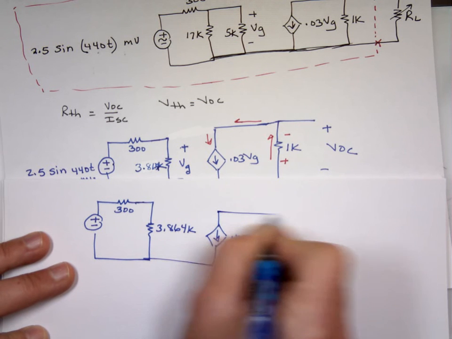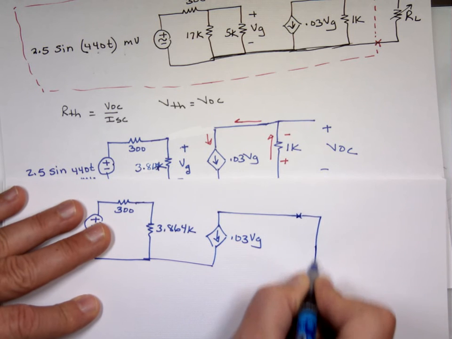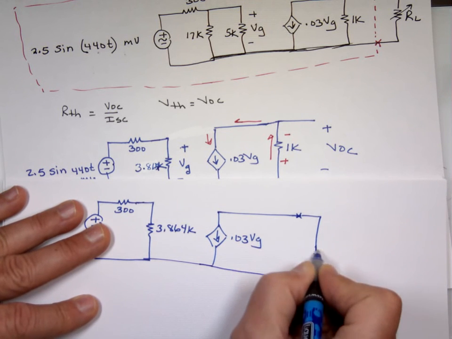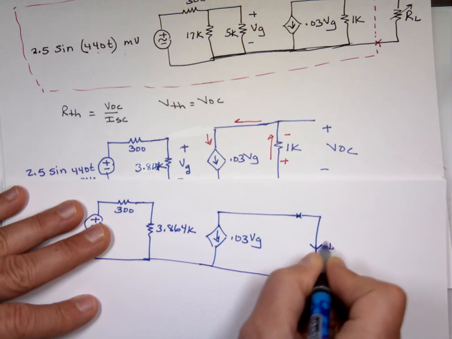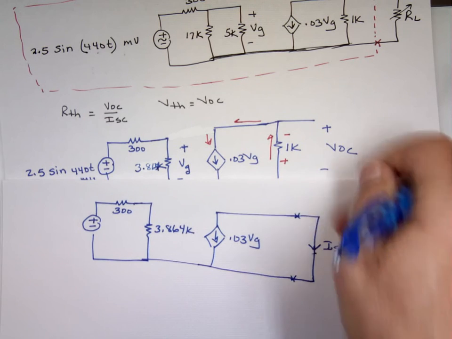When you put a wire here, short circuit, what's going to happen to that 1K resistor? It's gone. I need to define the current this way. Because I defined V open circuit top to bottom, I short circuit's coming down.